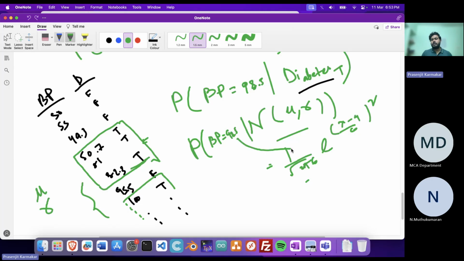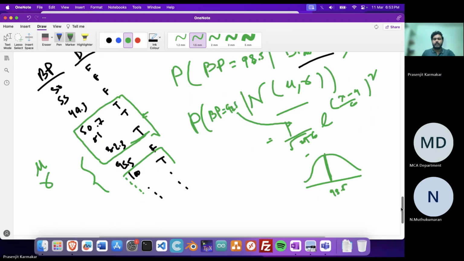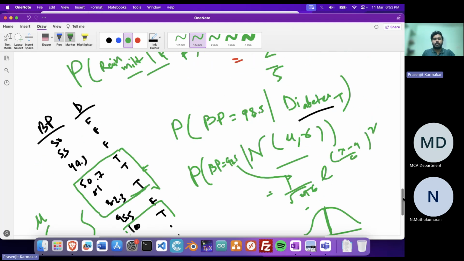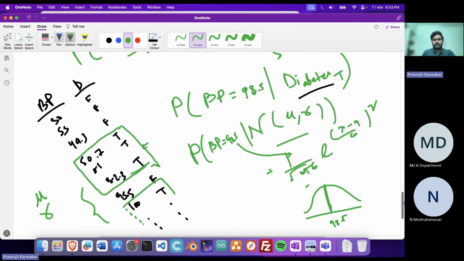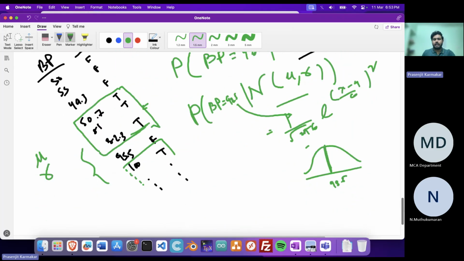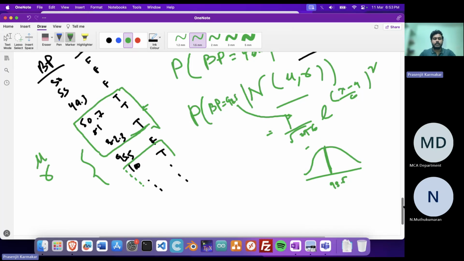But anyway, in practice, what we do is we just put this value in that function and get that particular instantaneous probability at 98.5. Okay. So now you get how we can compute these probabilities from discrete as well as continuous features, right? Let's see how we can implement it in code.